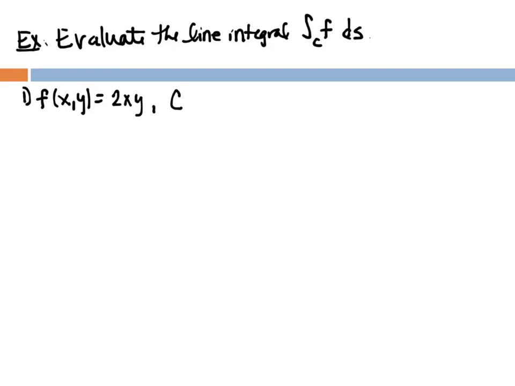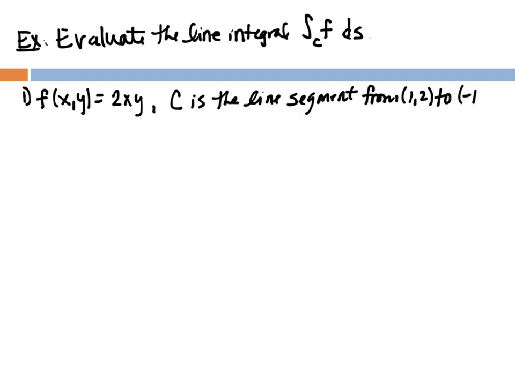C, the curve we're going to do this over, is the line segment from the ordered pair 1, 2 to the ordered pair negative 1, 0.